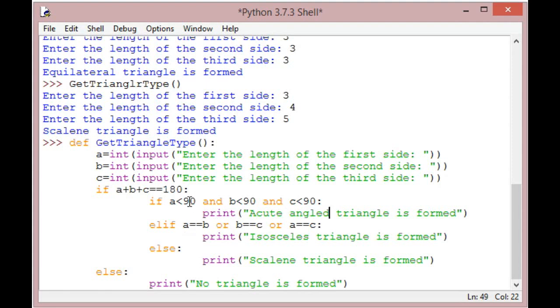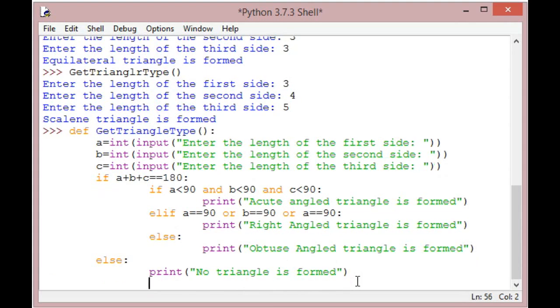Now if this is not the case, then in that case what we were checking, if any of the angles is equal to 90 degree, then we have written right angle triangle, and otherwise it is obtuse angled triangle. Now the program is ready.